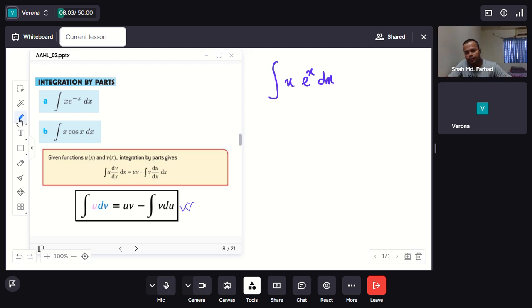Now if we try to apply this formula, we have to identify that here we have two terms, one is u and the other is dv. Here we have x, and another one is e to the power negative x dx.